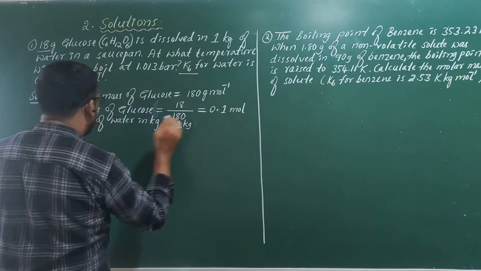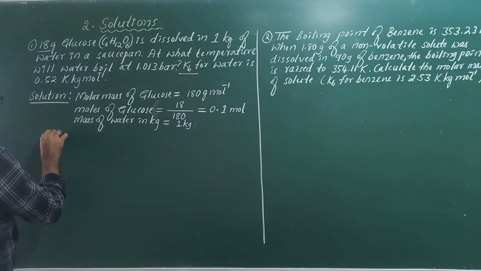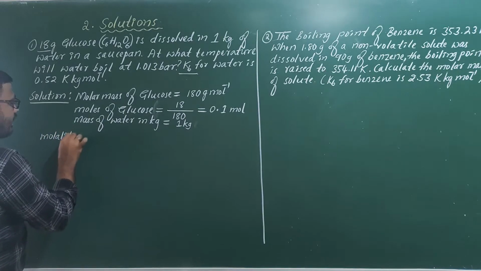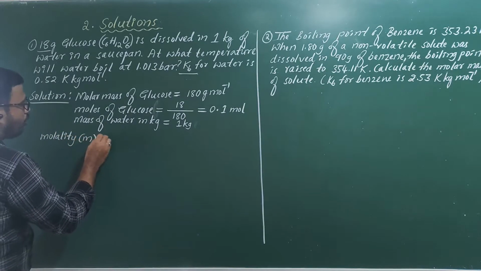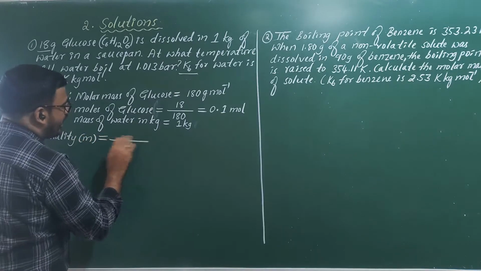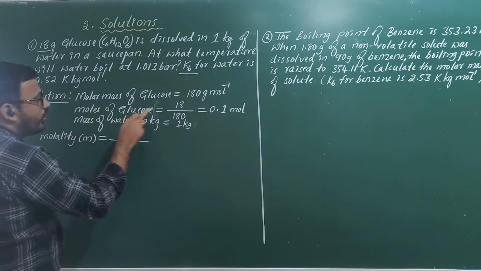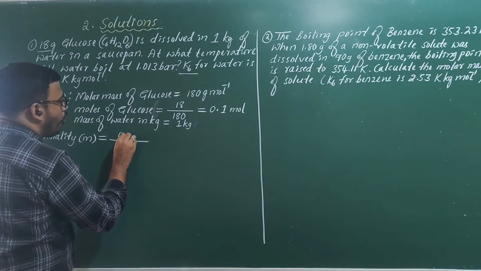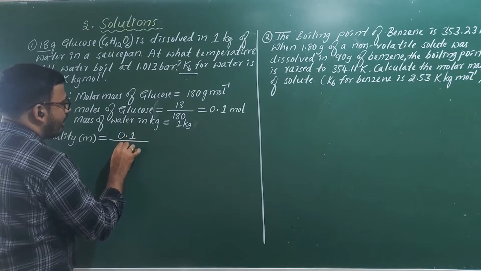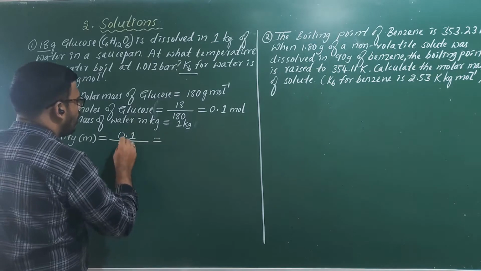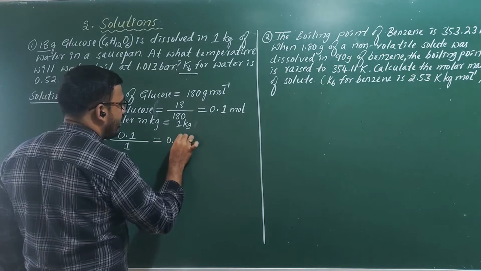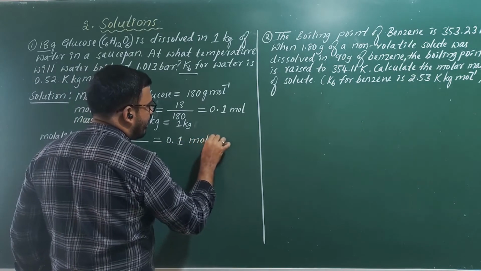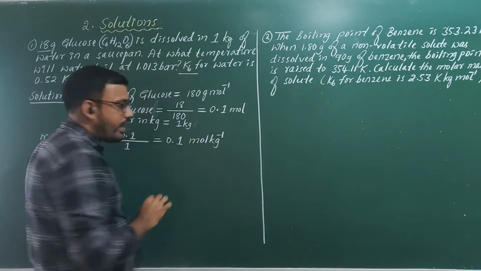Now I can calculate molality, which is represented by small m. Molality is equal to moles of the glucose divided by mass of water in kg. So it is 0.1 divided by 1, that gives 0.1 only. And what is the unit of molality? Moles per kg.